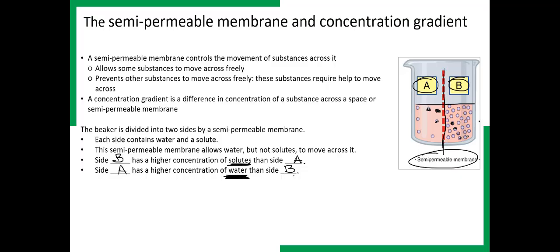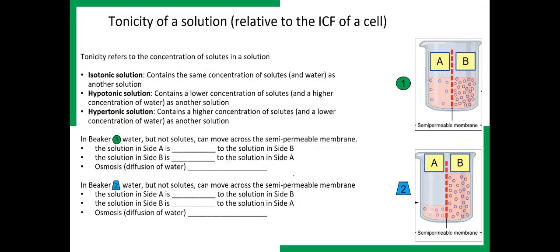So the semi-permeable membrane would allow either water to go across it or the solutes to go across it. And in the next slide, we'll have the situation where we allow water to travel across the semi-permeable membrane, but not the solutes, right?